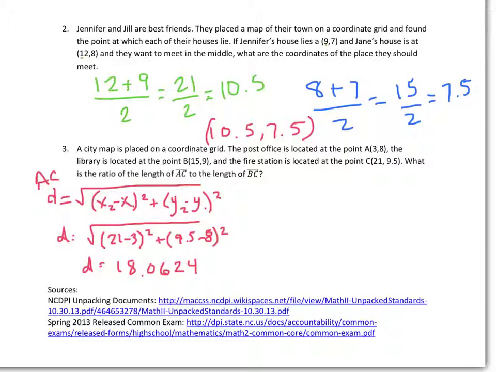Alright, now let's find BC. So I'll use my distance formula, the same one that I had. So our x's this time are 21 and 15. And our y's are 9.5 and 9.